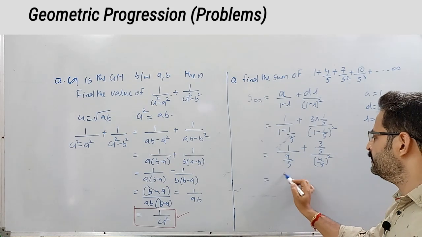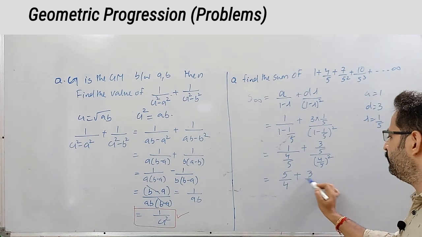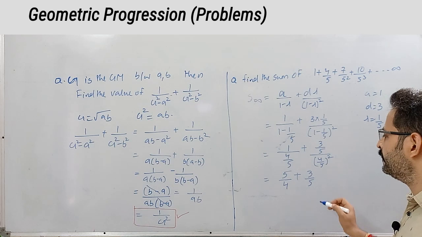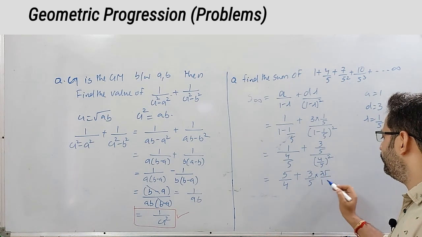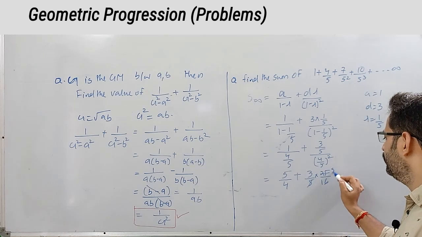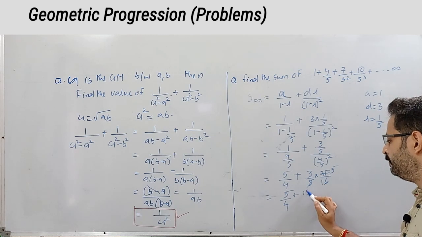This becomes 5 by 4 plus 3 by 5 divided by 16 by 25, that is 5 by 4 plus 15 by 16.